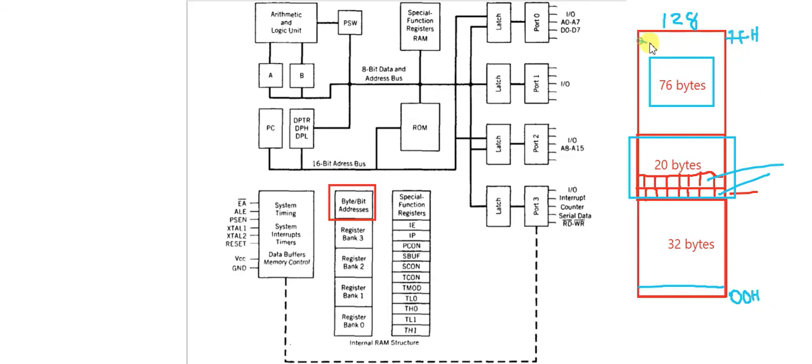The last register available in RAM has the address 7FH. So this is a common address. Any of the bytes can be addressed or accessed by their address, which is starting from 00H to 7FH. So this is the memory map of the RAM.